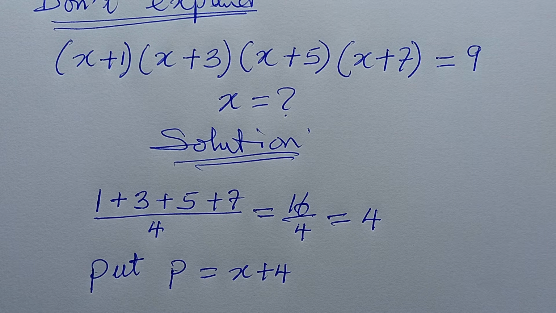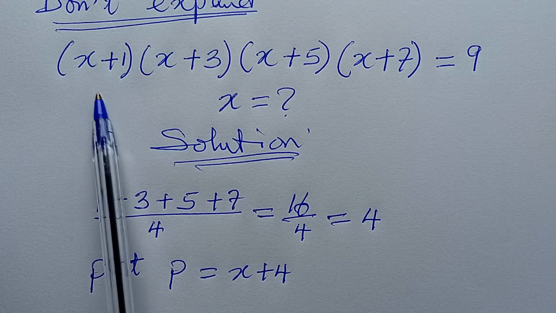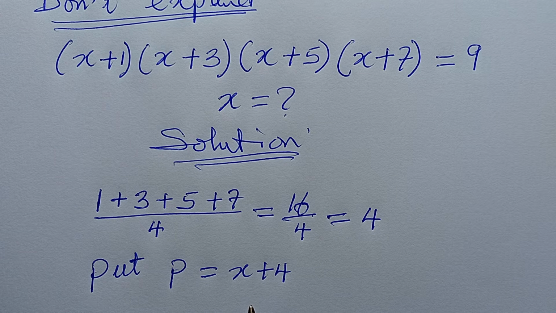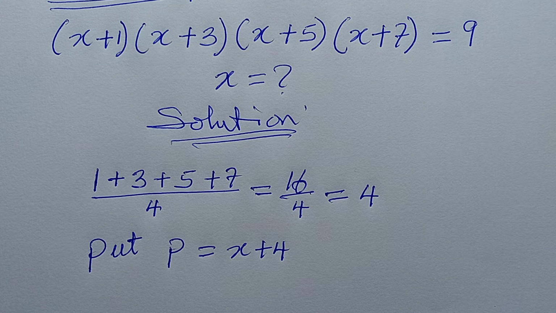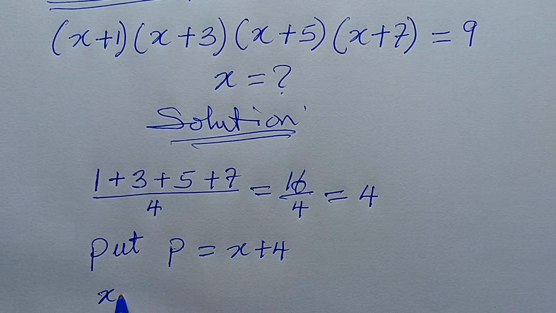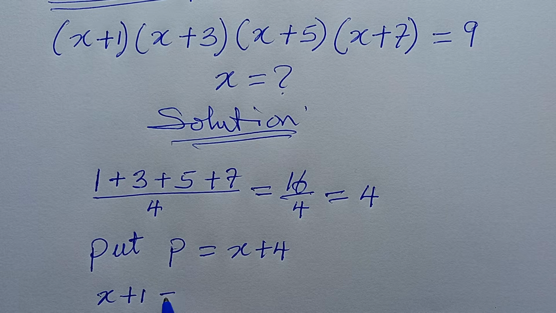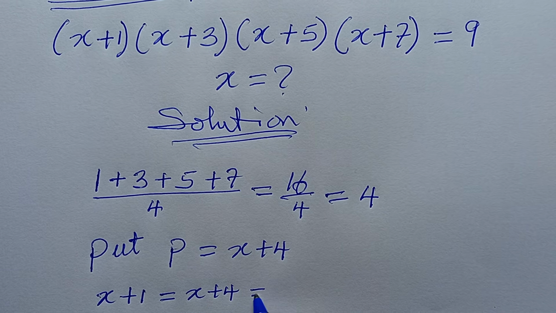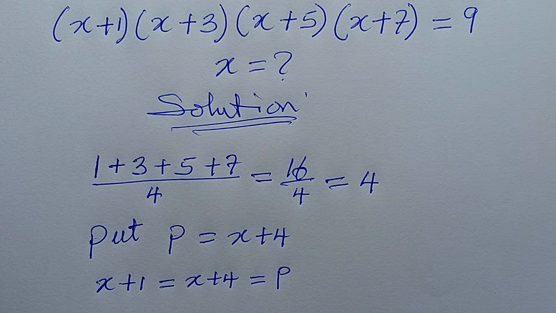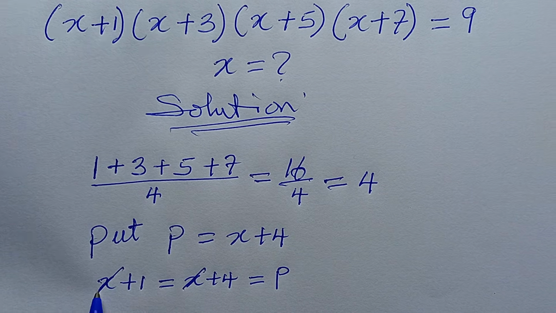In other words, we want to equate each of these quantities to this. Let's take the first one. For this, x plus 1 is equal to x plus 4, equal to our p, right?